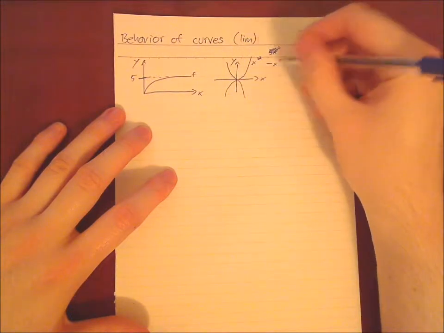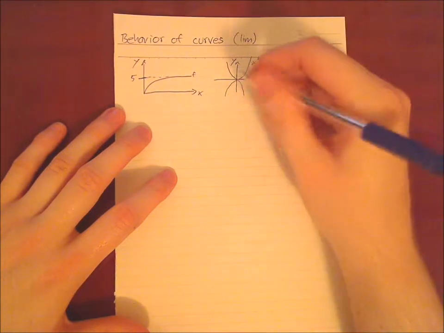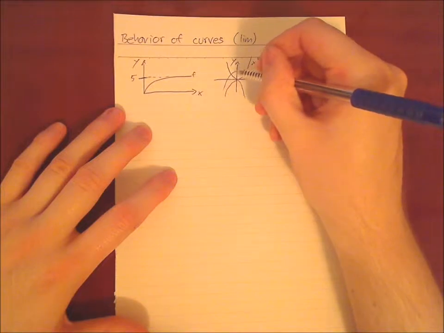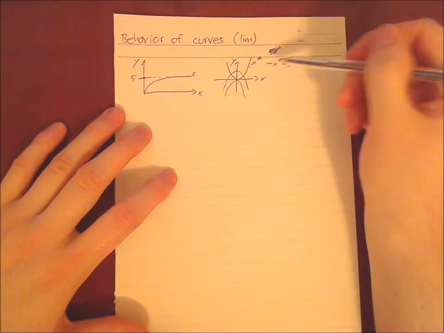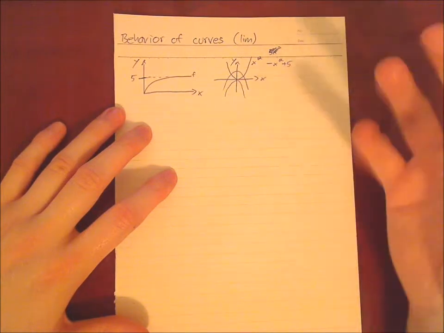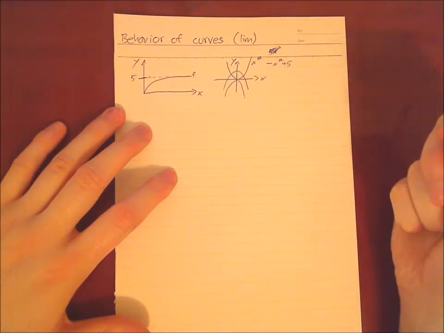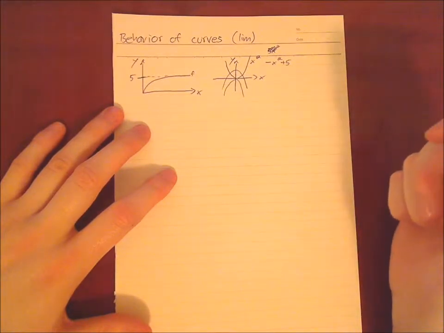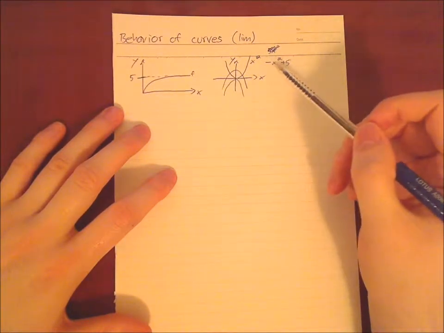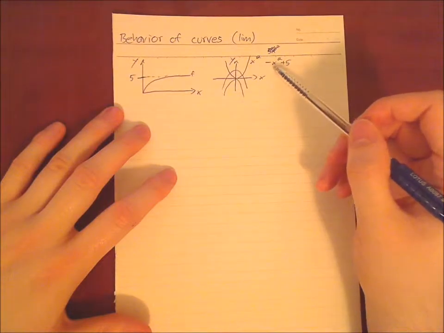If we have minus x to the power of 2 plus 5, it most probably looks like this. The more you know about these functions, the easier you can get an impression of them, and the easier you can find mistakes. If you make mistakes, you can find them very easily just by knowing how the function looks.